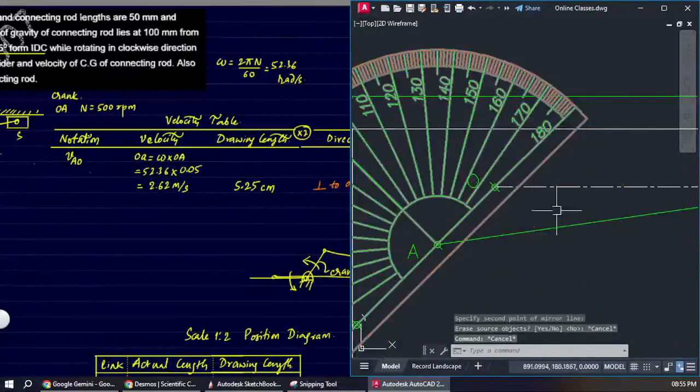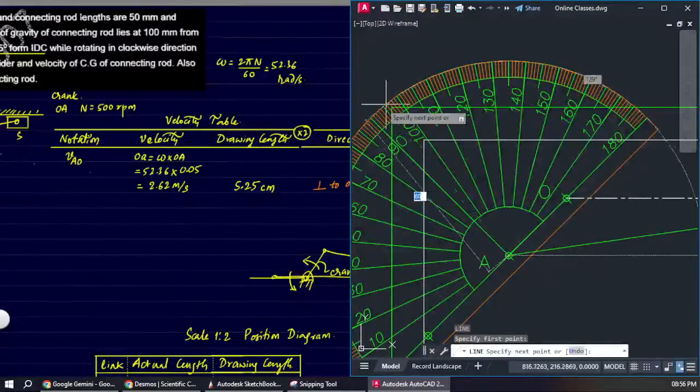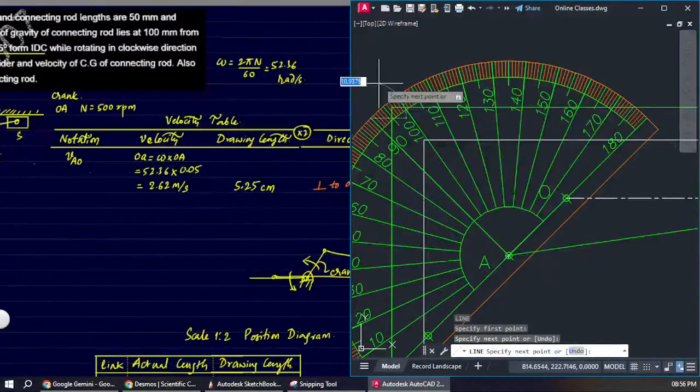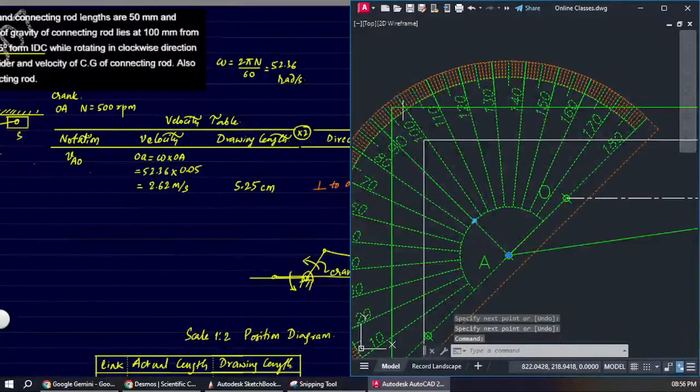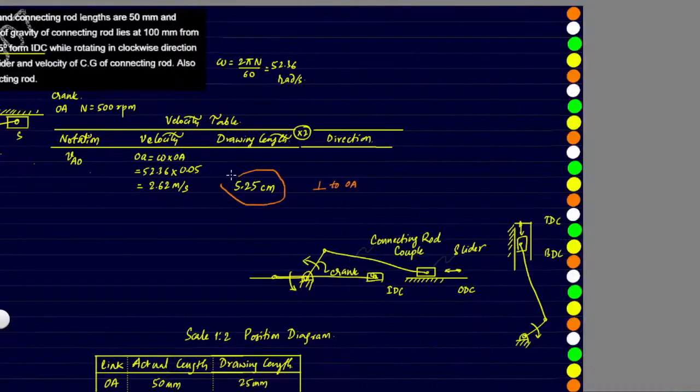We'll have to keep it like this, and take it perpendicular to this. I'm quickly drawing a line at 90 degrees. So we have taken an angle of 90 degrees, and this will be the direction along which we will have to take the velocity 5.25.